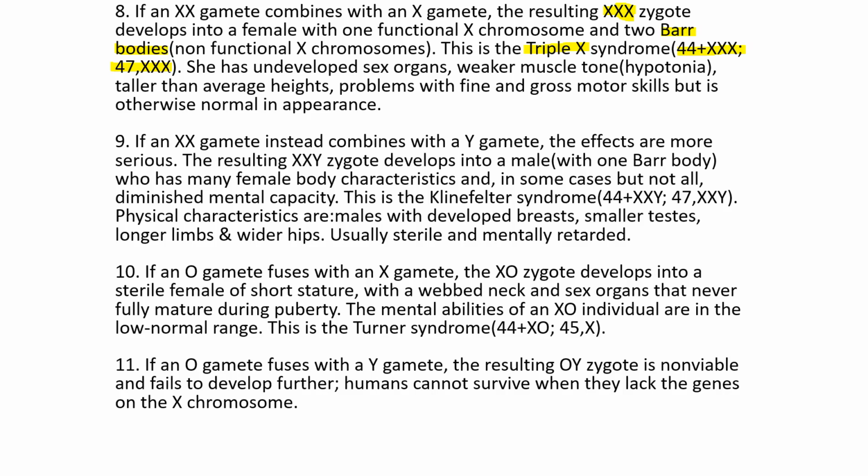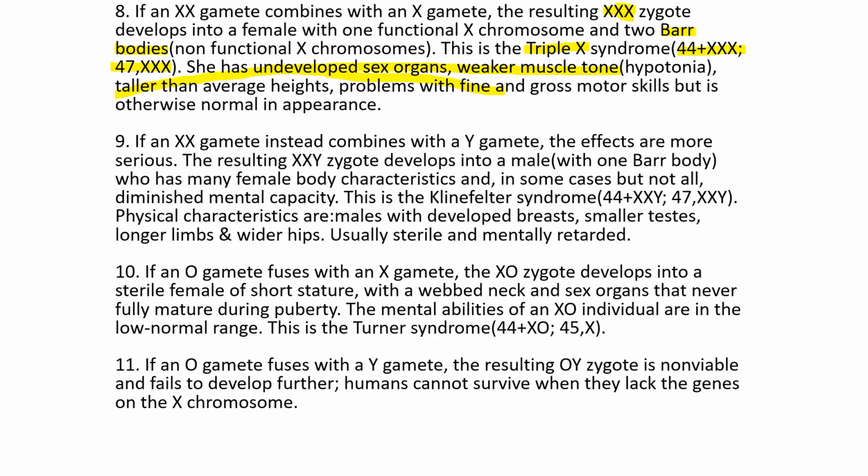Then problems with fine and gross motor skills, but otherwise this individual with triple X will appear normal. When you meet someone that is triple X from the outside, she appears to be normal, just like you. But if you examine closely, she will exhibit these phenotypes.